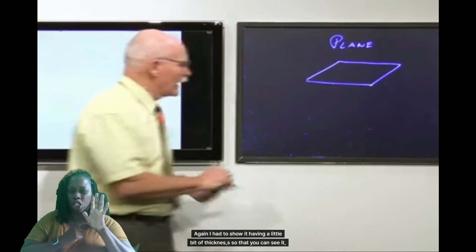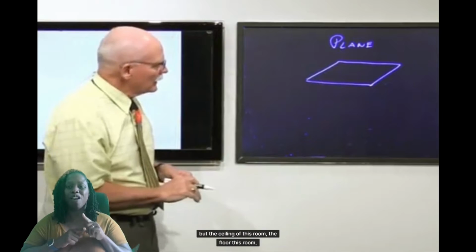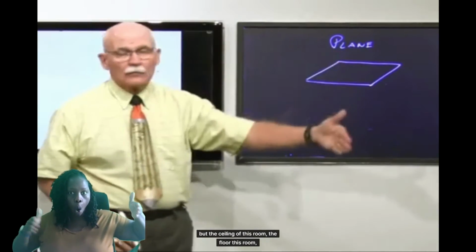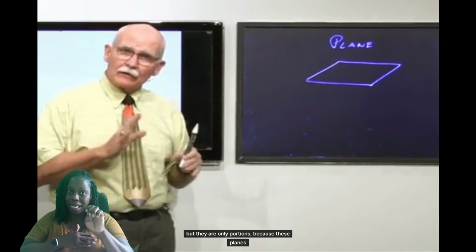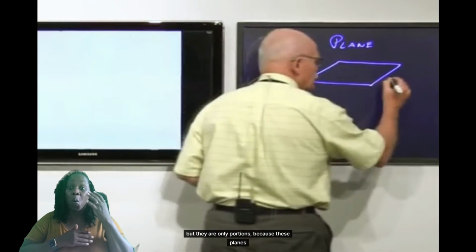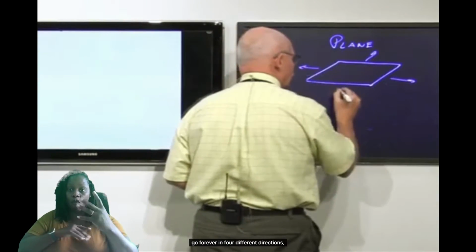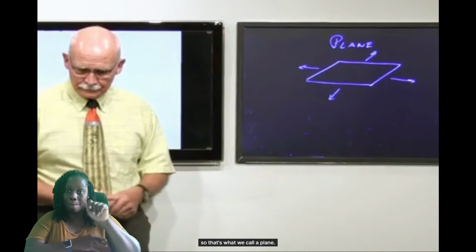Again, I had to show it having a little bit of thickness so that you could see it, but the ceiling of this room, the floor of this room, the walls of this room are portions of planes, but they are only portions because these planes go forever in 4 different directions. So that's what we call a plane.